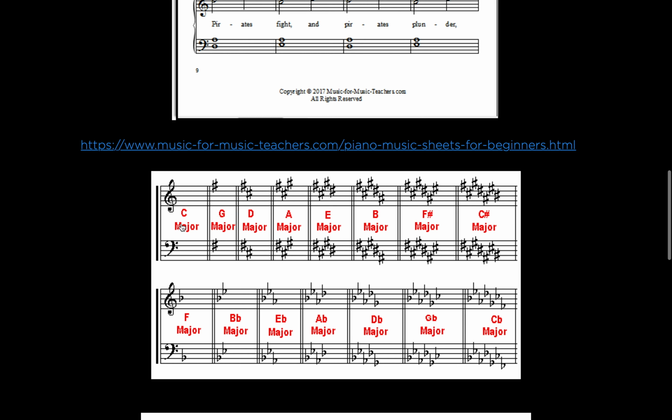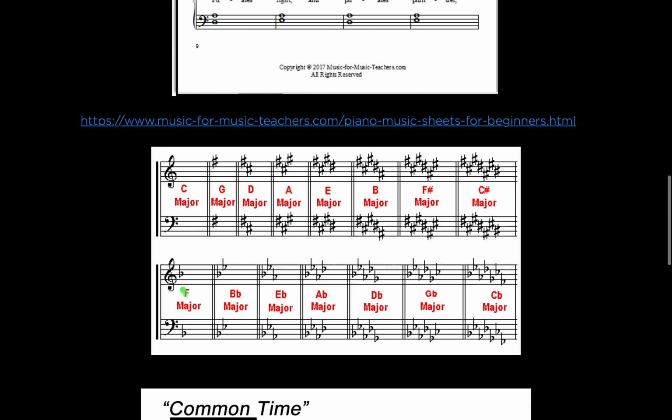So this is C major, and G major requires you to play the F sharp, which is denoted by the symbol crossing this line, and F major requires you to play a B flat, which is denoted by the symbol crossing this line.